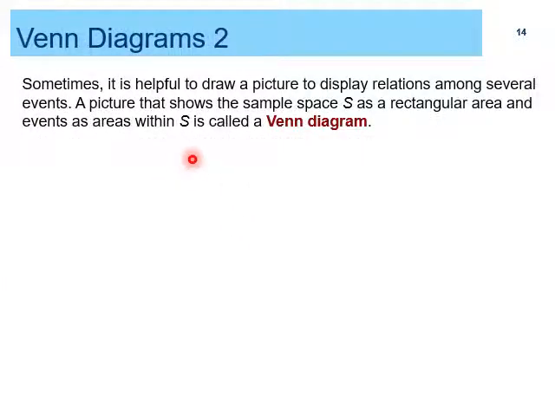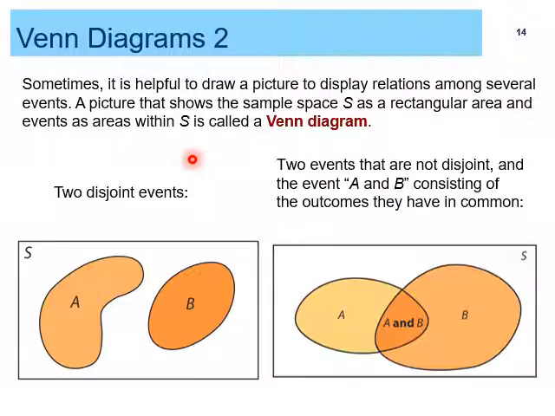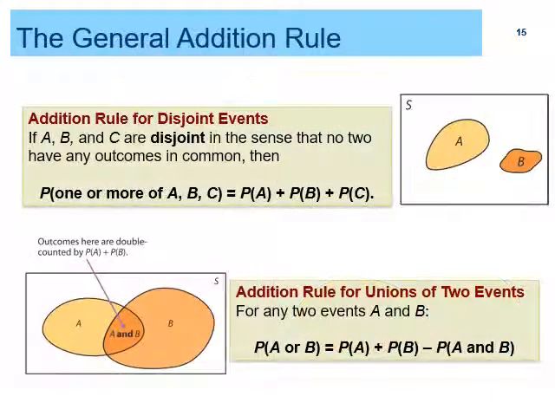Here is a Venn diagram we have seen earlier. It shows two disjoint events and two events that are not disjoint, where events A and B have outcomes in common. We know the addition rule for disjoint events is simple: we can add their probabilities.